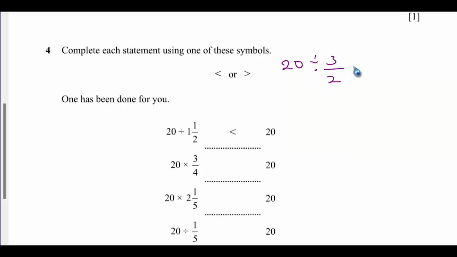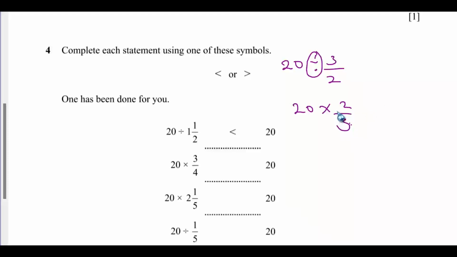That is the same as 20 multiplied by 2 out of 3, because if you change the operator to multiplication, you have to flip the fraction. Here you are dividing, and the fraction is 2 out of 3. Since the denominator is bigger than the numerator, 2 while the denominator is 3, it is going to reduce this number. That's just a fact you should hold with you.